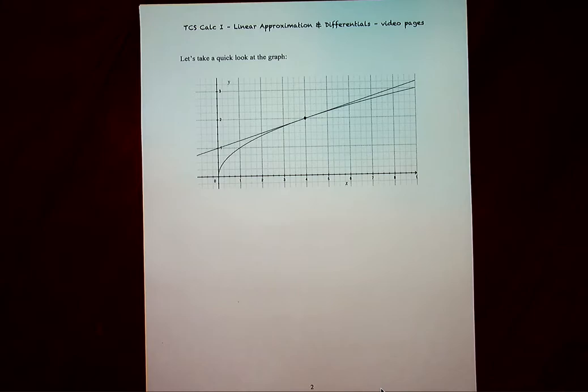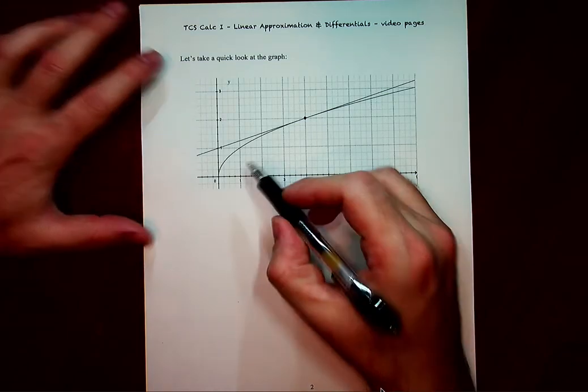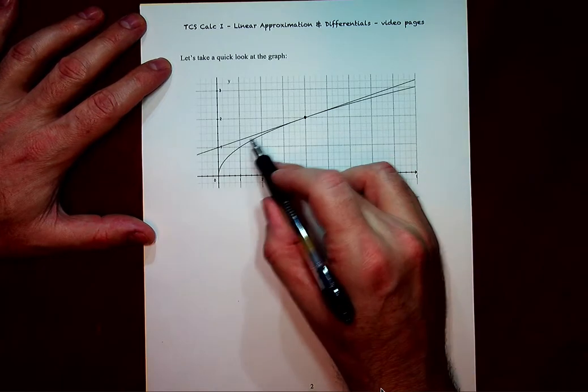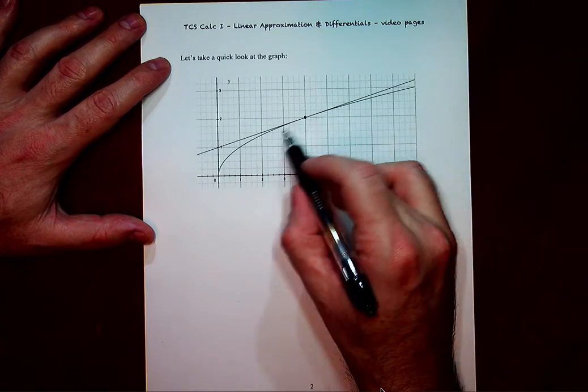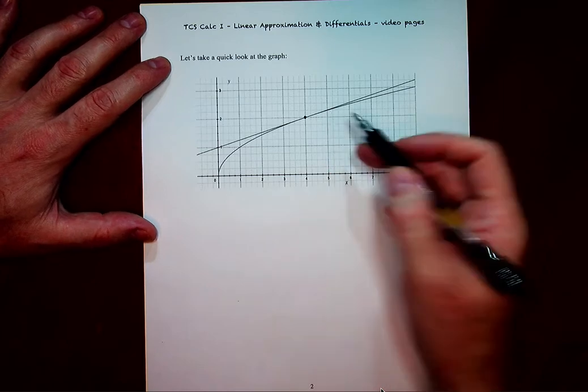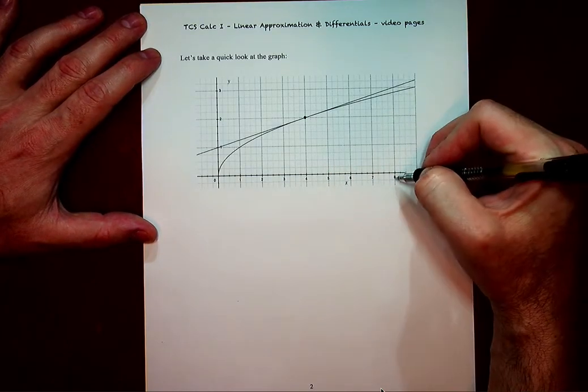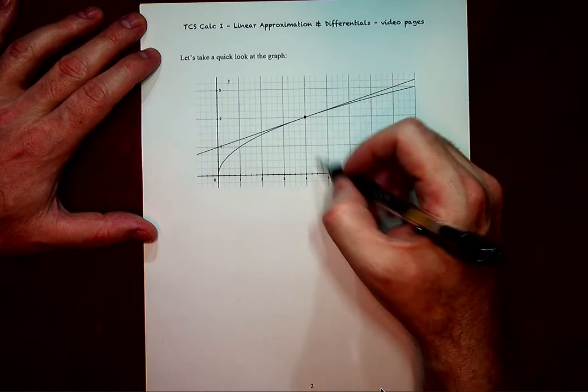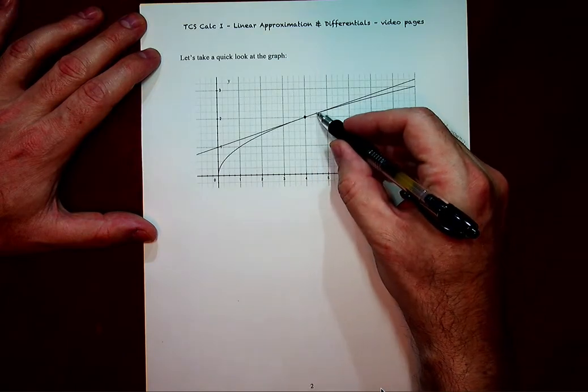That means that in terms of practical applications, the tangent line becomes a very good means of approximating a point on the curve that is sufficiently close to the point of tangency. Now, the key word in all of that is sufficiently close, because if I want to use this tangent line to approximate points that are on the curve, it's not going to be a very good approximation over here at 8, but it is going to be a very good approximation here at like 4.5.